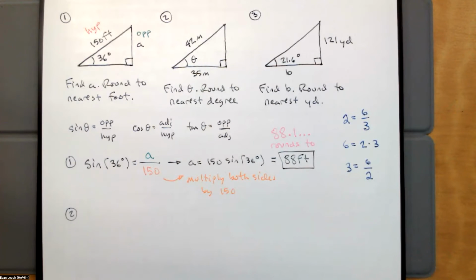We have a different set of information in problem number 2. I'm looking for this angle. So we should make a note of that. When we're looking for an angle, that means we know we're going to be using inverse trig functions.